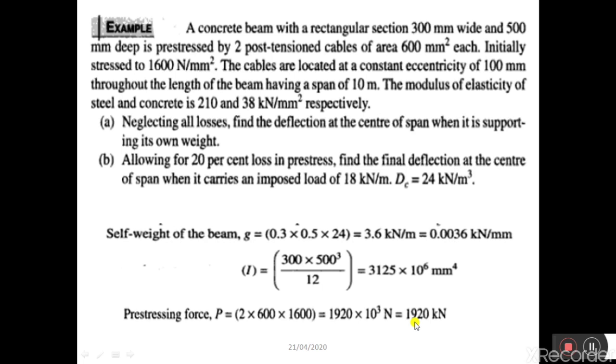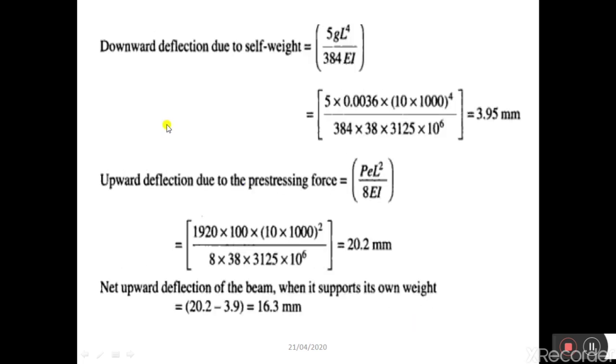By seeing the formula, we will come to know what data we need to calculate. For example, we have a formula for the downward deflection due to self weight. Due to self weight, the deflection will always be in the downward direction. What is the formula to calculate the deflection due to self weight? It is 5GL to the power 4 divided by 384 EI.